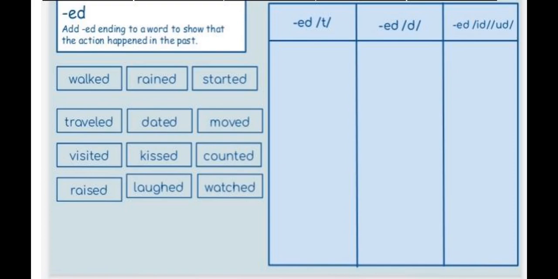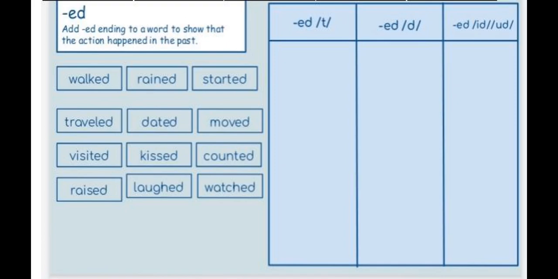So these are examples of the past tense verb ed. So example: walked. Walked has what type of sound? It has a T sound. Reigned has a D sound. Started has an ed sound.